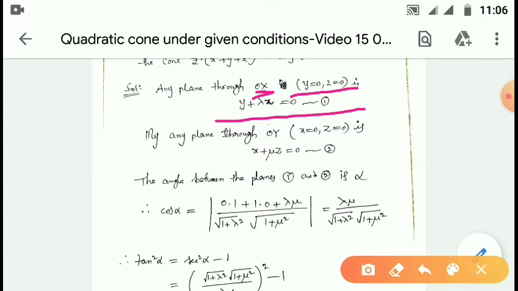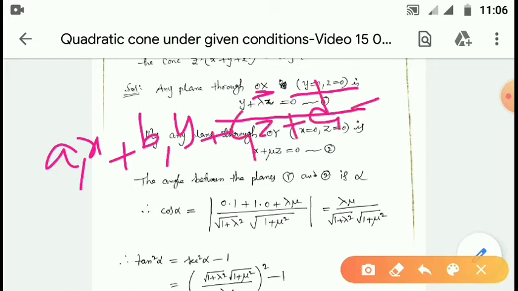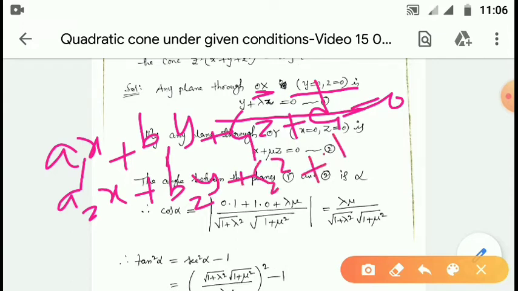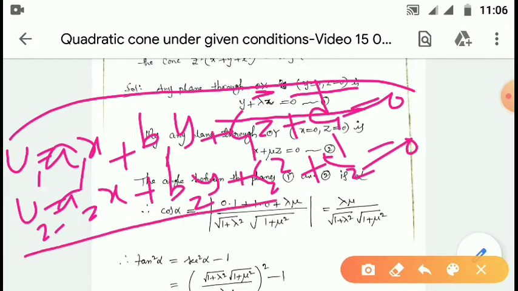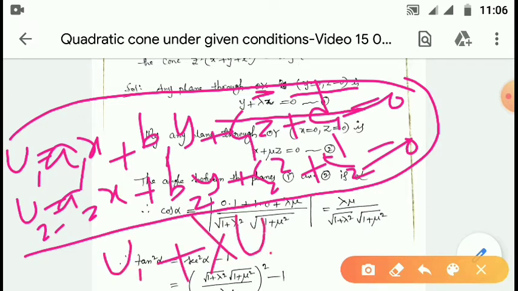Because if a1x plus b1y plus c1z plus d1 is equal to 0 is a plane, and a2x plus b2y plus c2z plus d2 is equal to 0 is another plane, if these are u1 and u2, two planes, then any plane passing through the line of intersection of these two planes can be written as u1 plus lambda u2 is equal to 0.